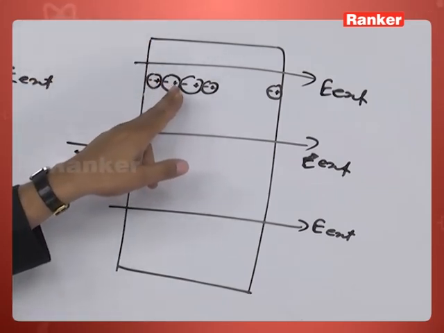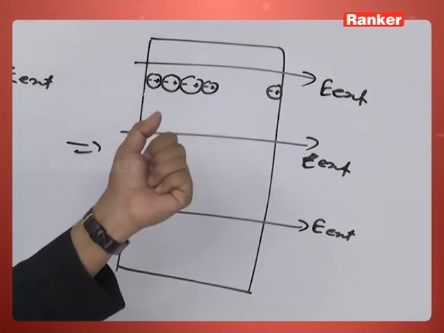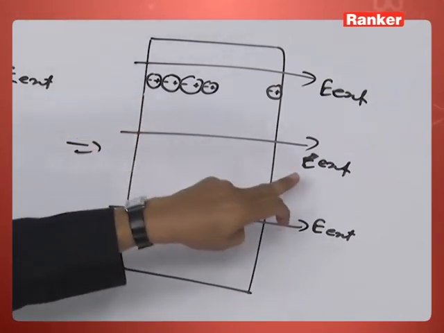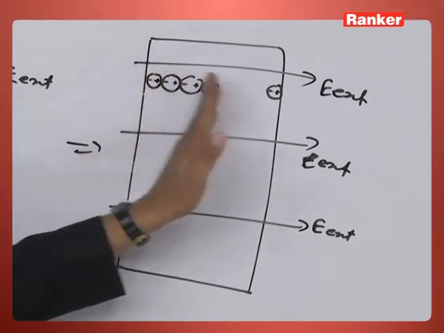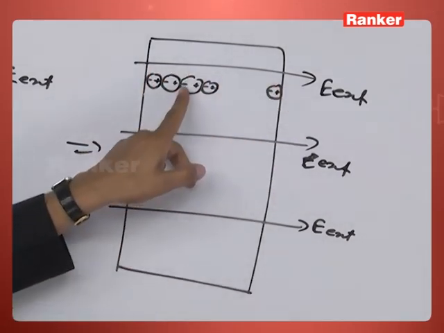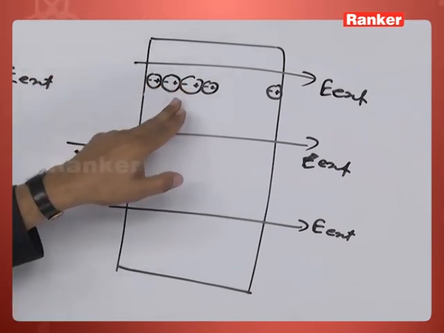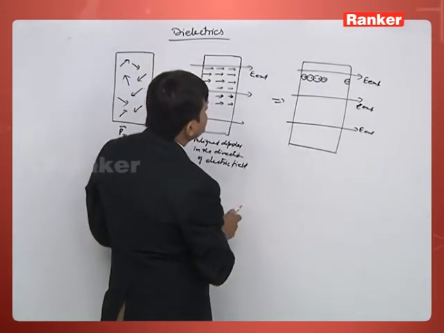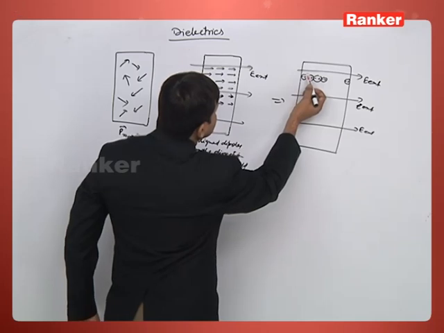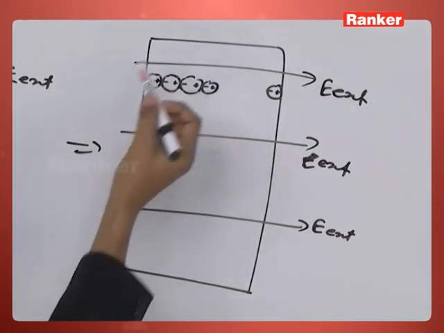Similarly, the positive charge of the second atom and the negative charge of the third atom will come very close to each other because of the effect of the external field. Why? Because the positive charge will experience force in the right side direction, while the negative charge will experience force in the left side direction. So these will come very close to each other and neutralize each other. So here the net charge is 0, here net charge 0, here net charge 0.